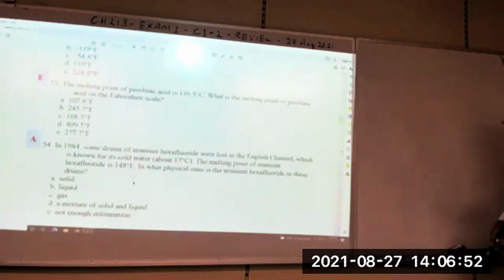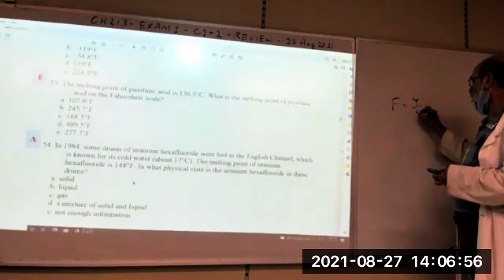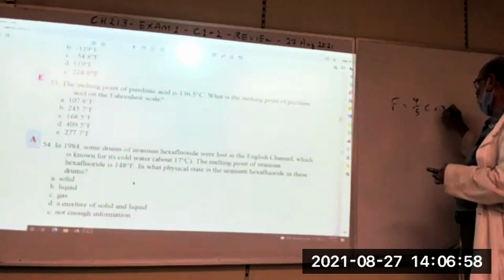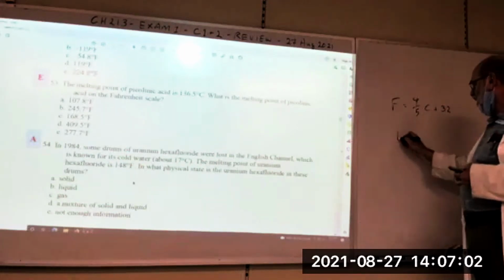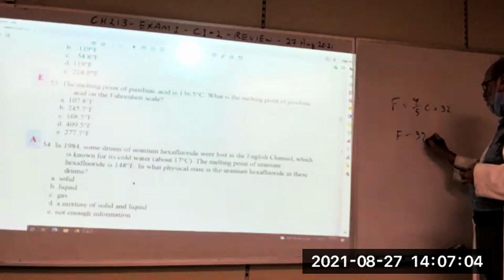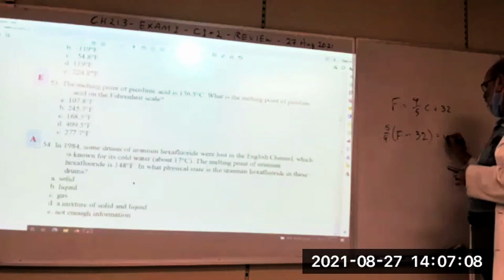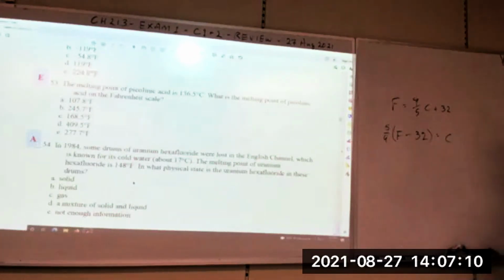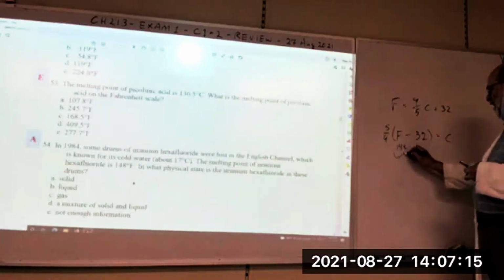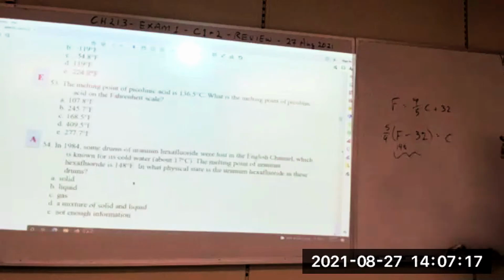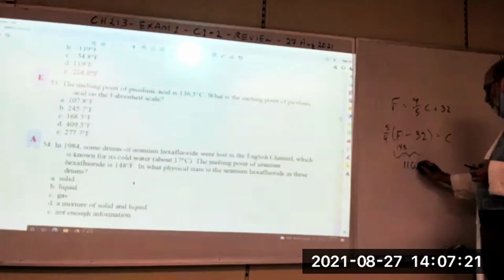You just need to estimate what is that in C, right? If F equals 9/5 C plus 32, we need to find out what C is. So F minus 32 times 5/9 equals C. So let's see if we can estimate this one. If this is 148, that's about what? Well, it's exactly 116, right?